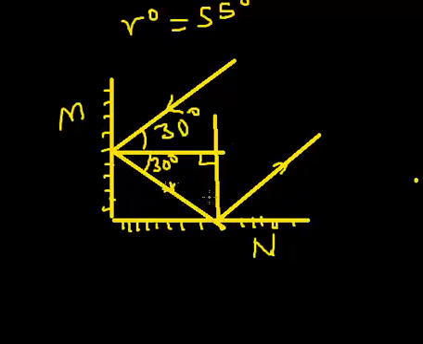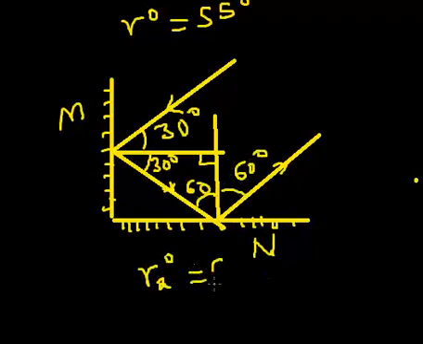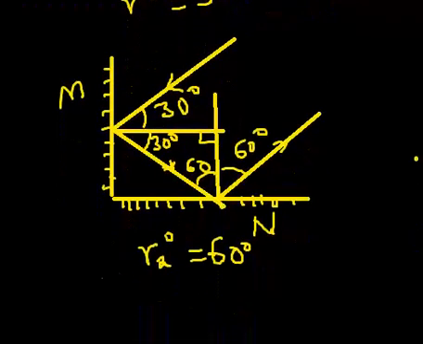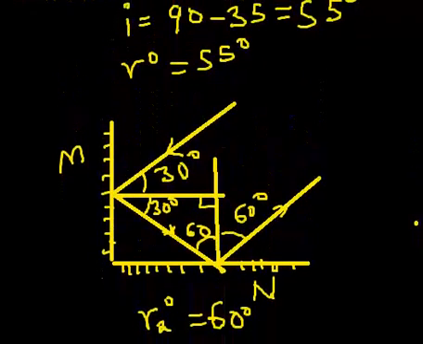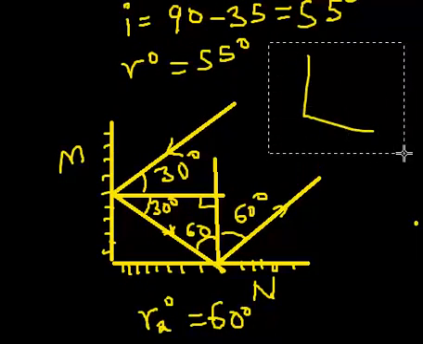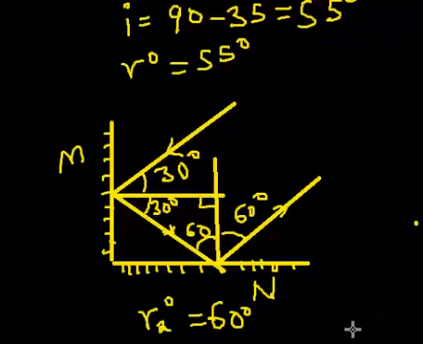To get this angle of the right angle triangle, that would be 90 minus 30, which gives me 60. So R2, the angle of reflection at the second mirror N, is 60 degrees. It just has to do with the angle, especially for perpendicular lines. You know that for perpendicular lines the angle is 90 degrees. As simple as that.